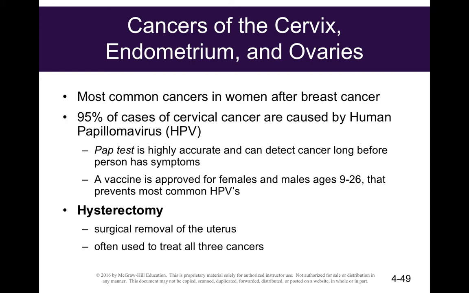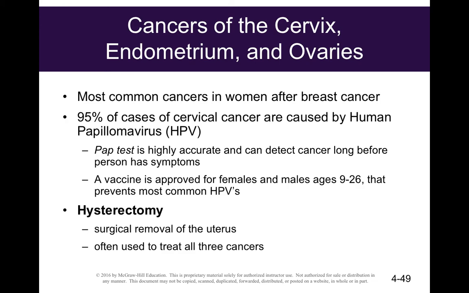In fact, the Pap test is one of the most successful public health campaigns that's ever been done. Having women get an annual Pap smear if they're sexually active is really effective in preventing the onset of cancers of the cervix. A vaccine has been approved for females and males ages 9 to 26 that prevents the most common strains of HPV.